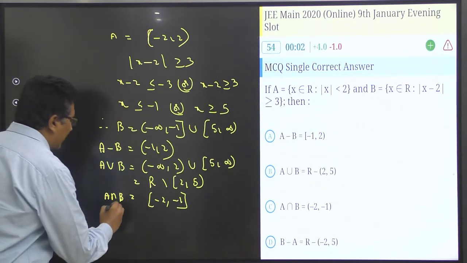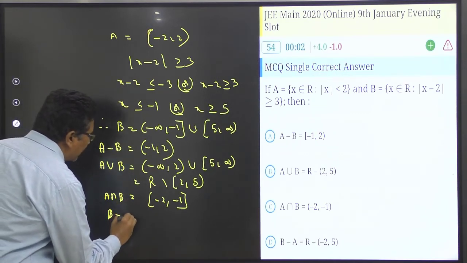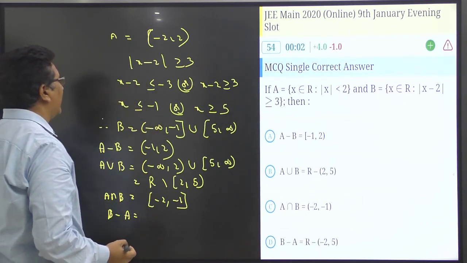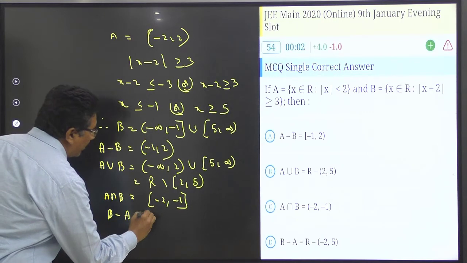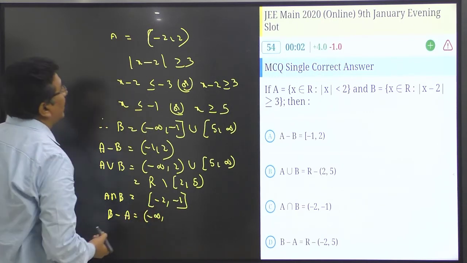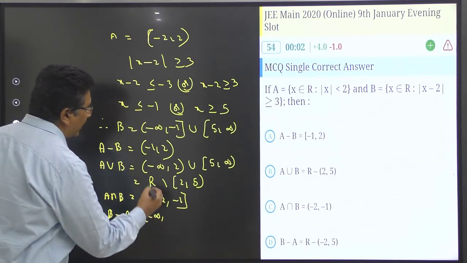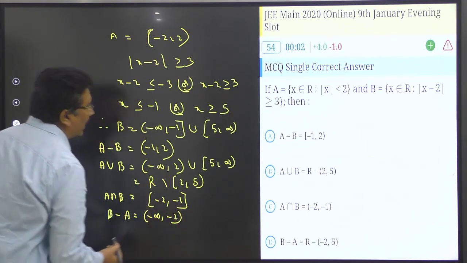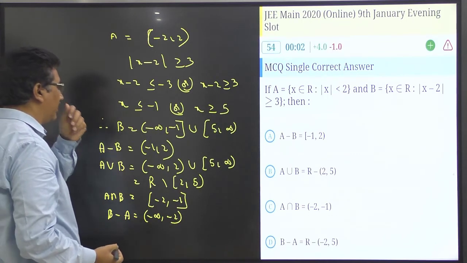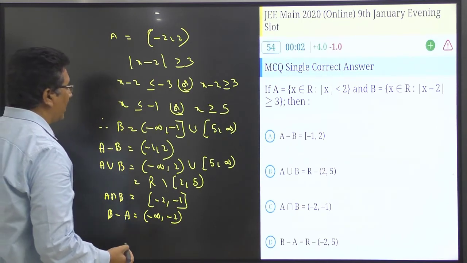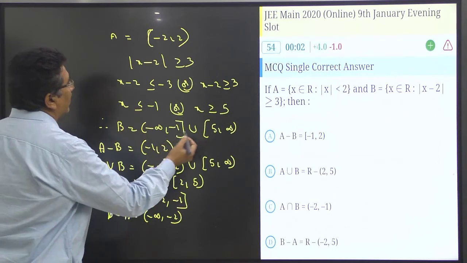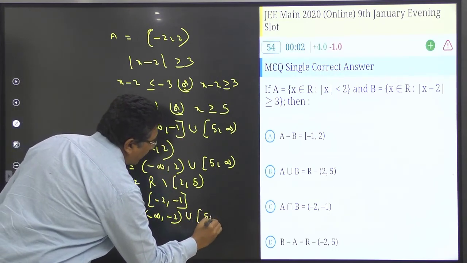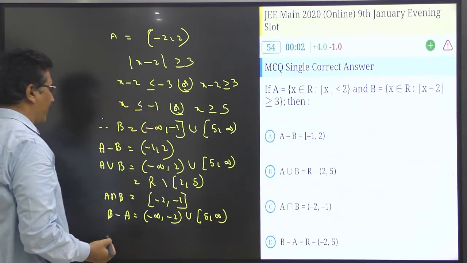Now B minus A: the elements present in B, not in A. That is (-infinity, -2) union [5, infinity).